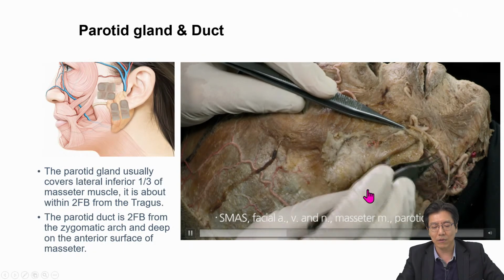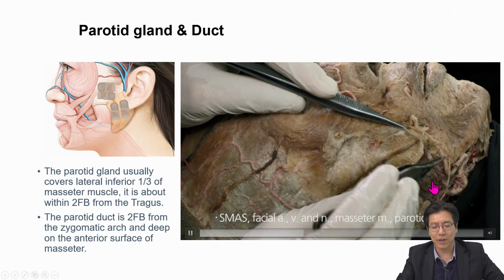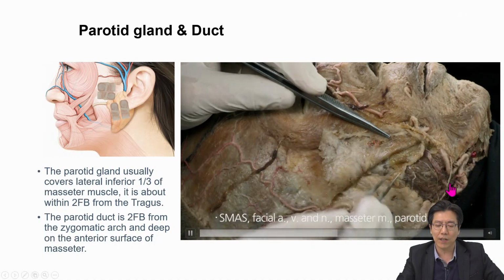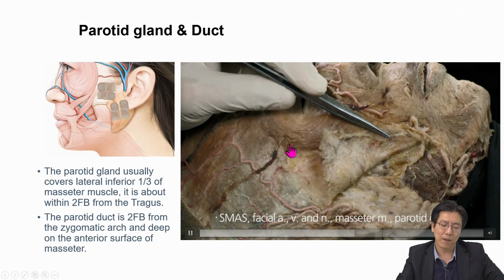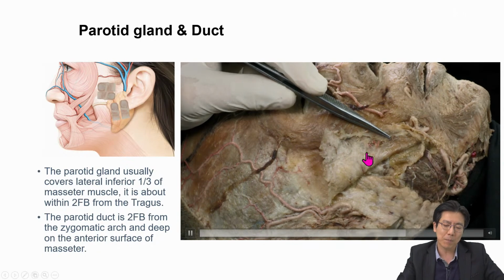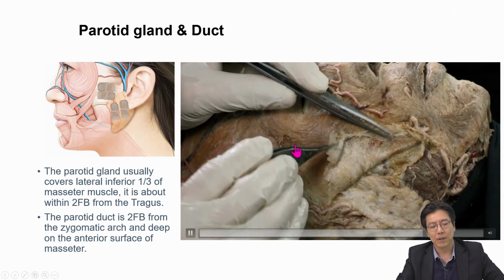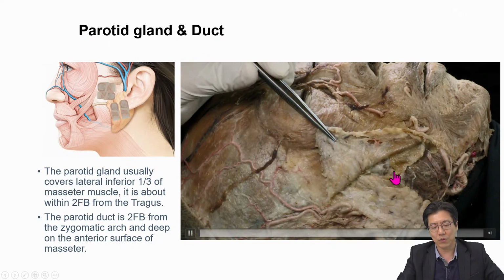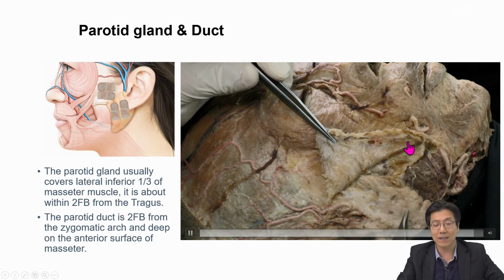This is the parotid gland. Also anterior to the parotid gland, there is the masseter muscle, the facial artery, the facial vein, and even facial nerves. And probably in this area, two finger breadths from the zygomatic arch, there may be the parotid duct. We can see that the parotid gland and parotid duct are also just underneath the SMAS layer. It's not that deep.